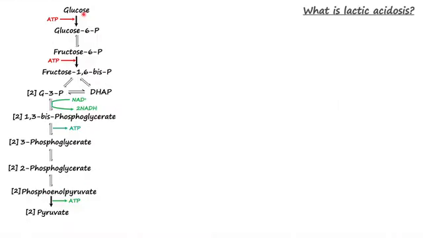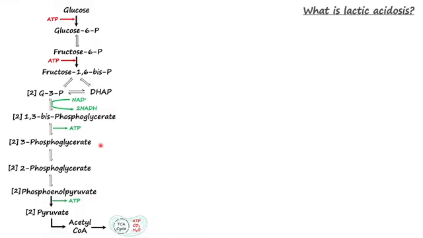Lastly, I just want to quickly talk about the clinical relevance of this pathway, specifically the condition called lactic acidosis. So here you can see that one molecule of glucose is broken down into two molecules of pyruvate, and suppose in the presence of oxygen, that is during aerobic condition, pyruvate is oxidized into acetyl-CoA, and subsequently acetyl-CoA is metabolized through the TCA cycle in the mitochondria to synthesize ATP, carbon dioxide, and water.